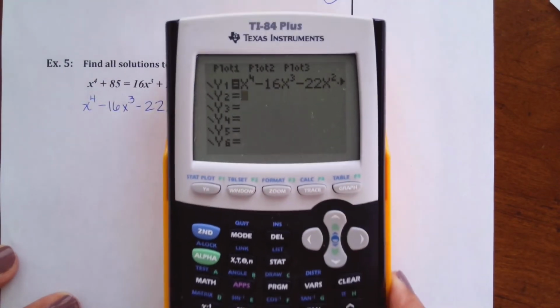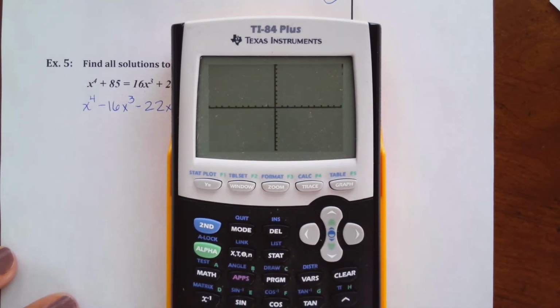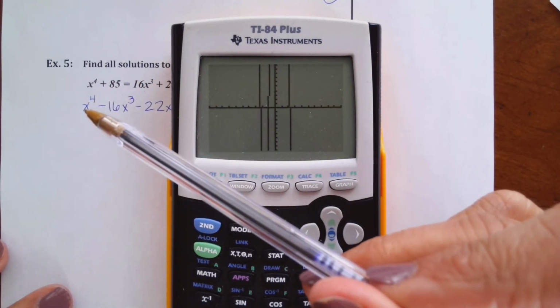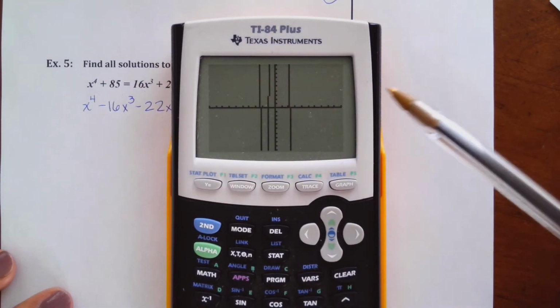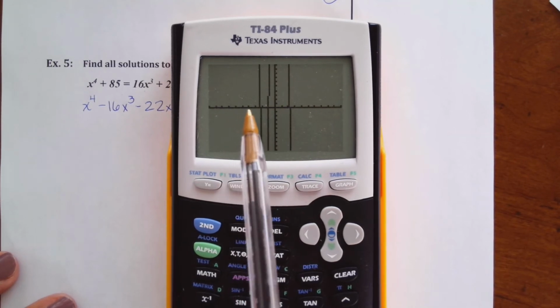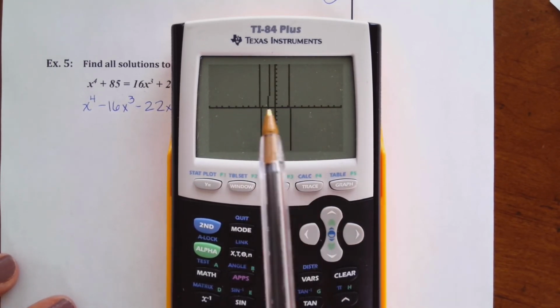Okay, now when I graph this thing on my regular window, I don't see a whole lot of this graph. Now it's fourth degree. I know both ends are up, but I'm missing some things. But what I'm trying to do is find a root that looks like a whole number. That's all I need, is one root that's a whole number.